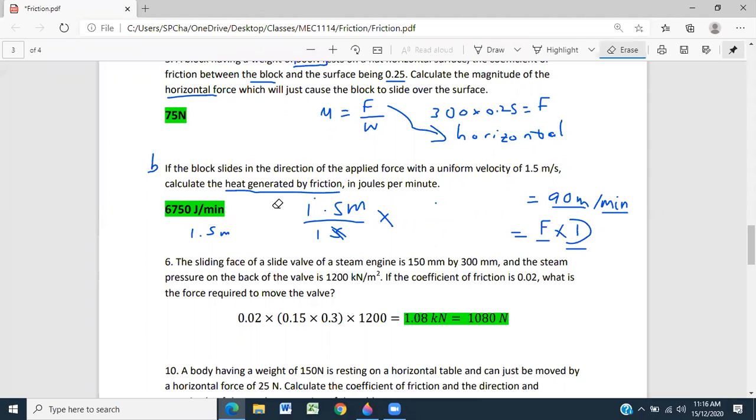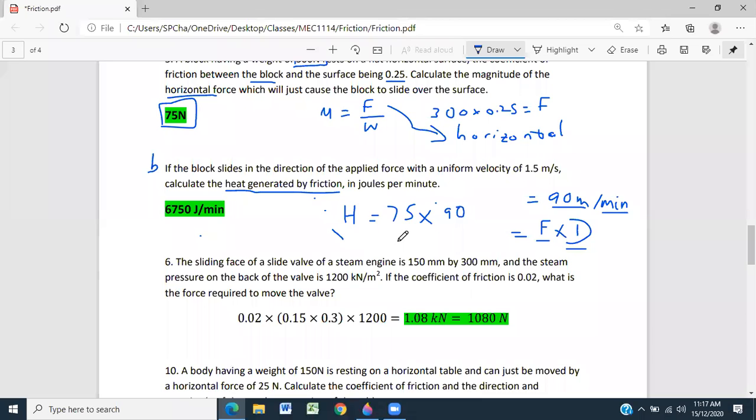All right, good. So we got our distance, and in the previous part we calculated our force. So work, or negative work, heat, is equal to that same F times D. F, as calculated, is 75, times the distance we moved per minute, which is 90.